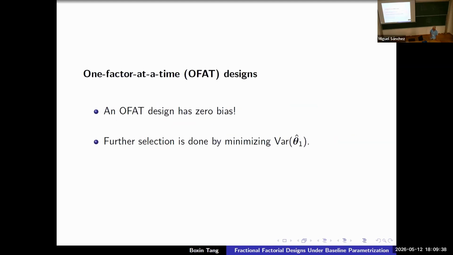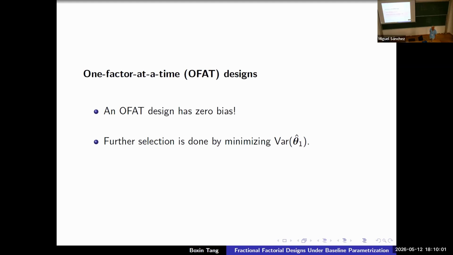Okay, next, the class of one-factor-at-a-time designs. I'll give you an example later. The nice thing about one-factor-at-a-time designs is that they have zero bias. This is true only under baseline parameterization.